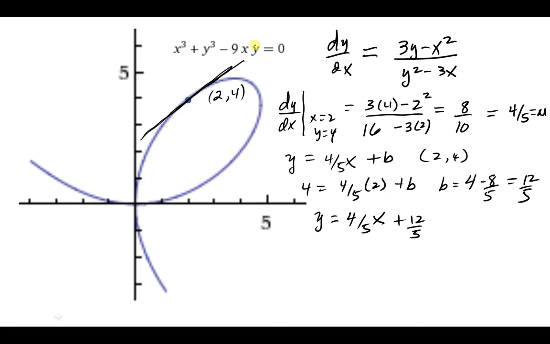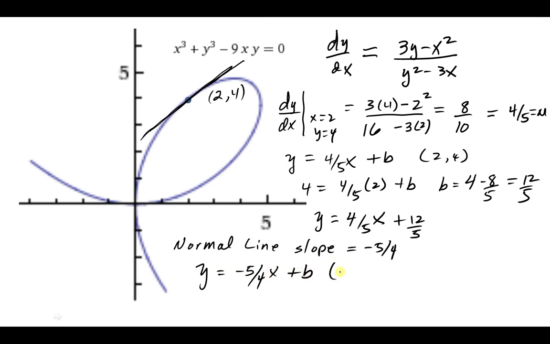Now, the normal line. The slope would be the negative reciprocal of the slope of the tangent line, which is going to be minus 5/4. So the normal line is y equals minus 5/4 x plus b. Plugging in 2 and 4, we get 4 equals minus 5/4 times 2, plus b.